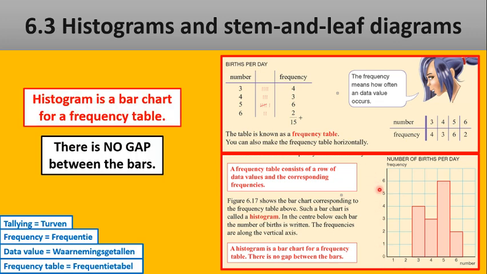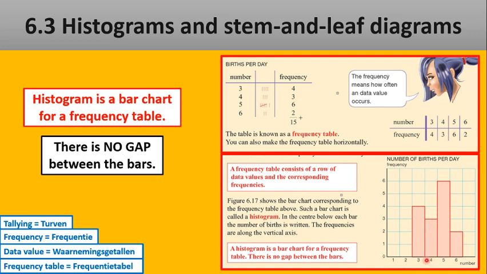So remember, a histogram is a special kind of bar chart because it is a bar chart that is the visual key of a frequency table. So one big difference that you may see between a histogram and a bar chart is that the histogram has no gaps between the bars, right?